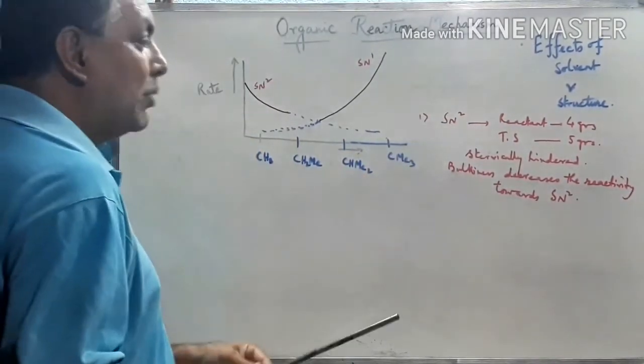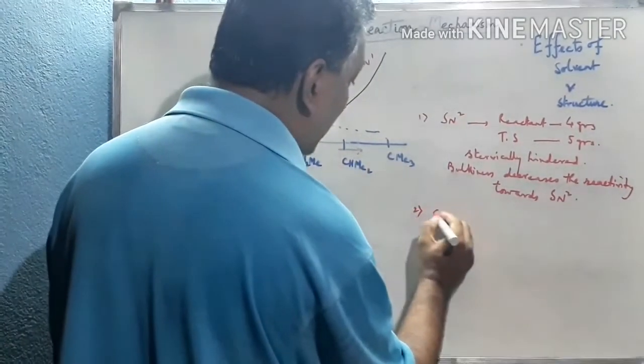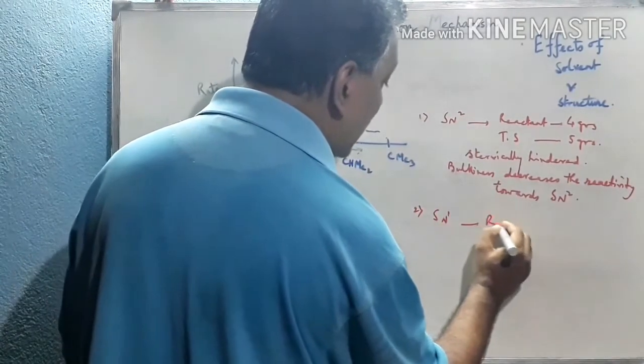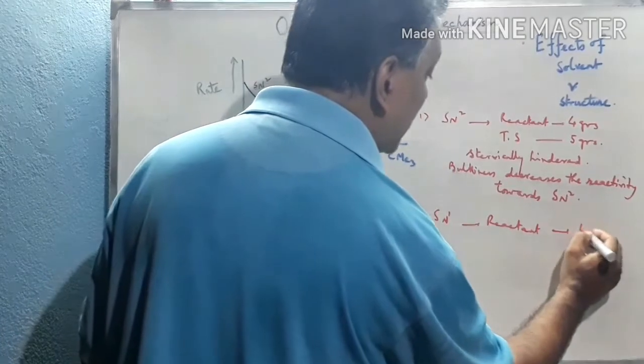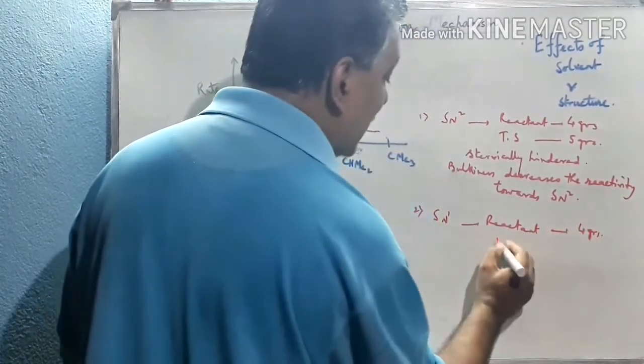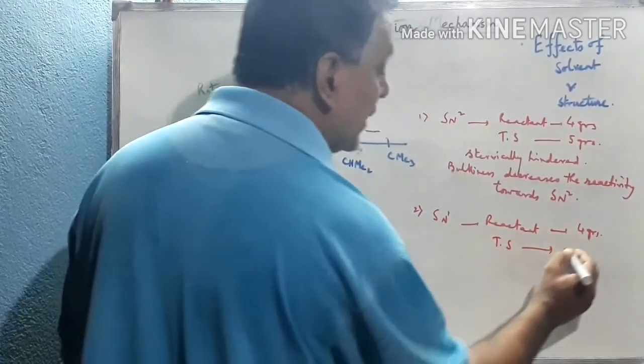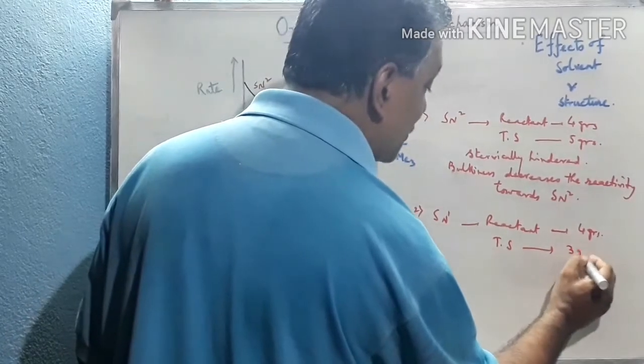Now in case of SN1, see that in the reactant the carbon is attached to 4 groups, but in the transition state the carbon is attached to 3 groups.